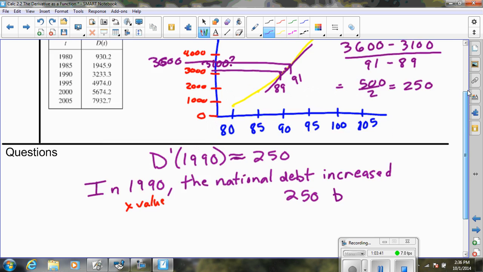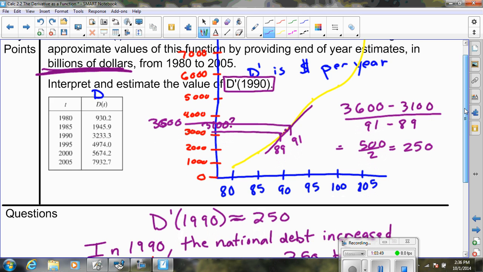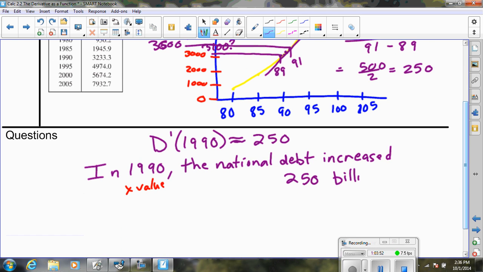And I'm pointing that out right here where I was reading. It's measured in billions of dollars. So we're saying $250 billion, which I'm hoping you notice is the y value. It's just a connection between the x value and the y value. So yeah, a lot of money. That's saying we spent $250 billion more in 1990 than we took in taxes.